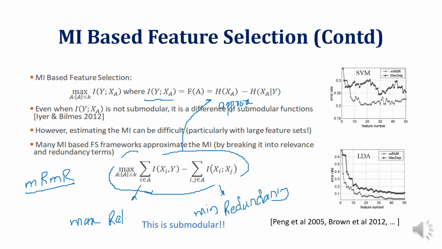MRMR is almost like the graph cut, and the MRMR algorithm is an approximation of a theoretically optimal maximum dependency feature selection algorithm that maximizes the mutual information between the joint distribution of the selected features and the classification variable. So this is basically just an approximation of what we had set out to maximize.